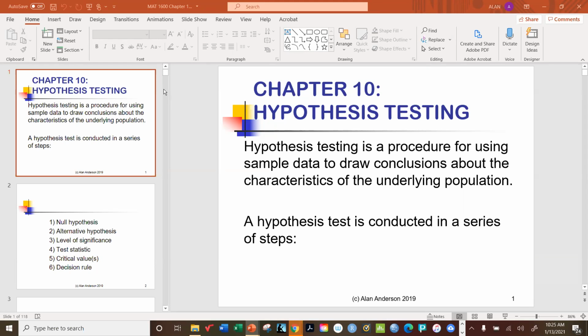For other scenarios, a confidence interval is probably what you really need. It depends on what you're trying to find out about your data. But ultimately, these last two chapters are very closely related to each other, and we'll discuss that more as we go along. It's almost like there are two equivalent ways of doing the exact same thing. Two sides of the same coin, I guess you could say.